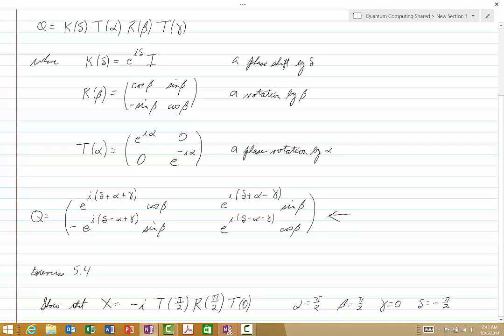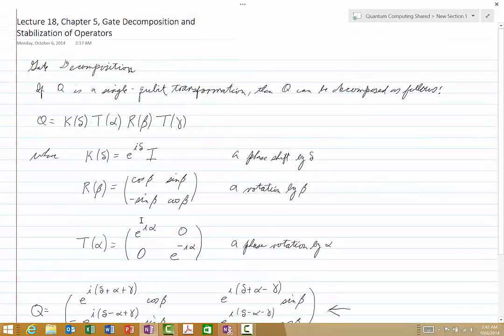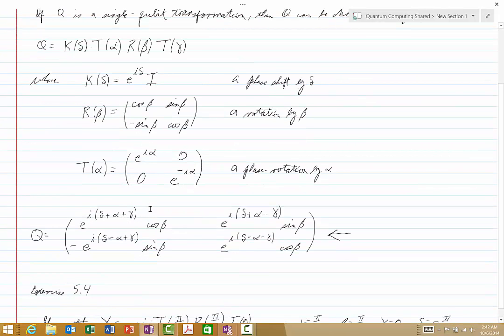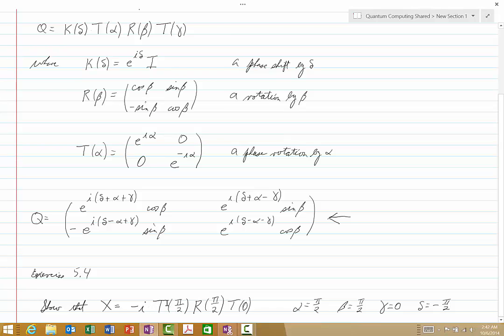Again, I want to emphasize that you could use the equation for the T matrix and substitute in pi over 2 to get T of pi over 2 here. Likewise, you could use the equation for the R matrix and substitute pi over 2 in here, and then T of 0.